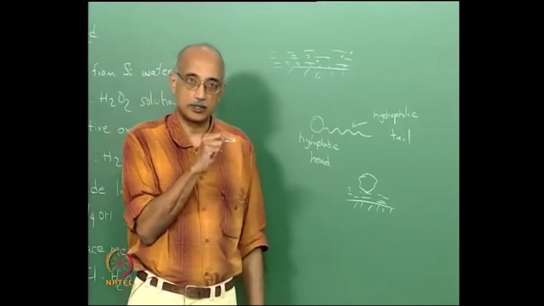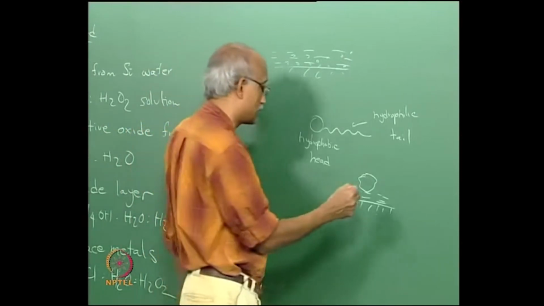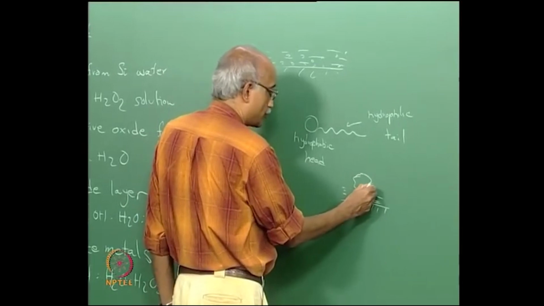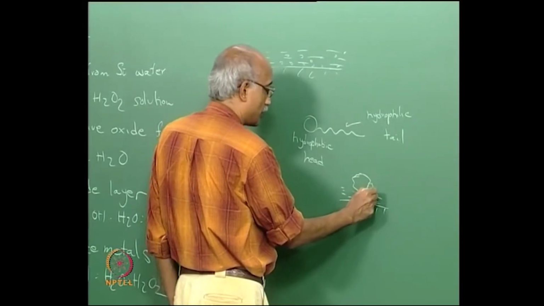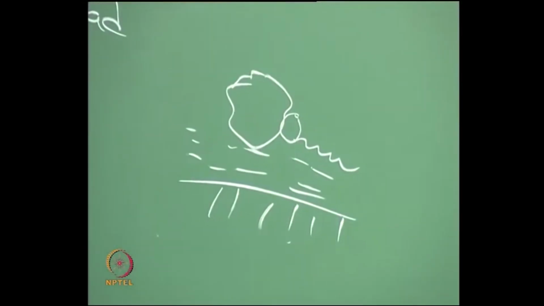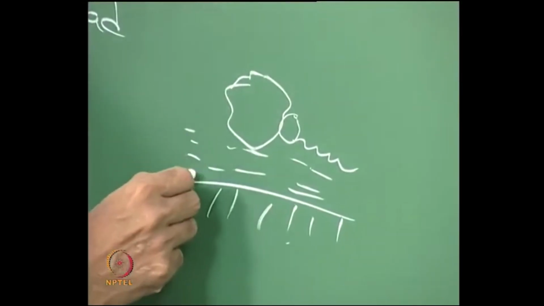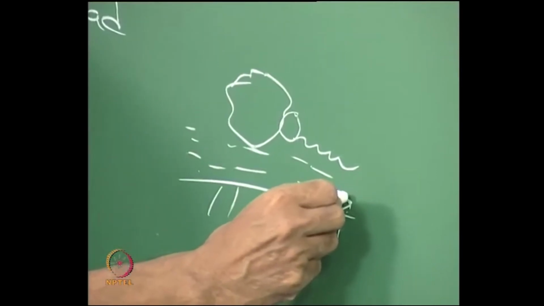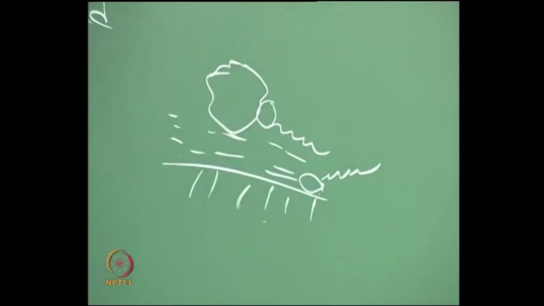But in addition, these detergent molecules that are mixed into the water will orient themselves such that the hydrophobic portion will attach itself to the particle and the hydrophilic portion will be sticking out. Similarly, on the surface also, the hydrophobic portion will attach and the hydrophilic portion will stick out.